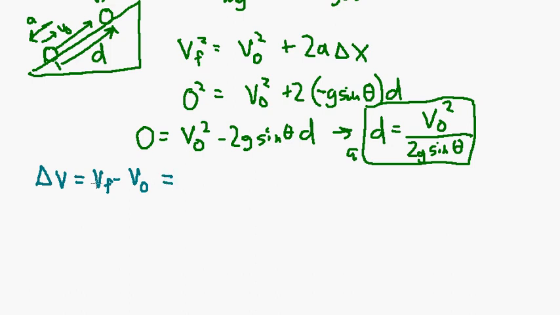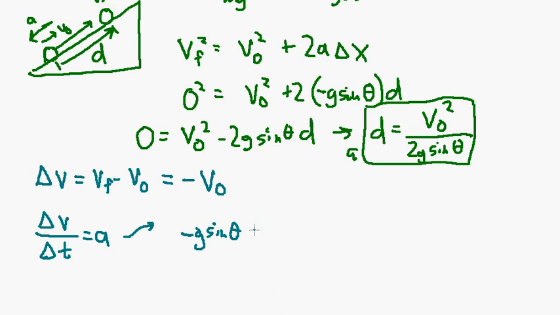And then we're going to use this equation. This is the definition of acceleration. Delta v over delta t is your acceleration for constant acceleration, right? So we know our acceleration is negative g sine theta, and our delta v is negative v naught, and then delta t is what we want to find, the time.